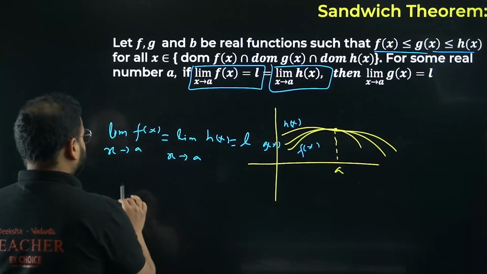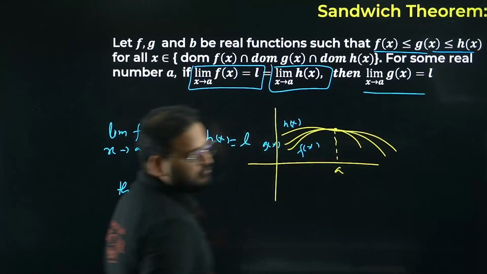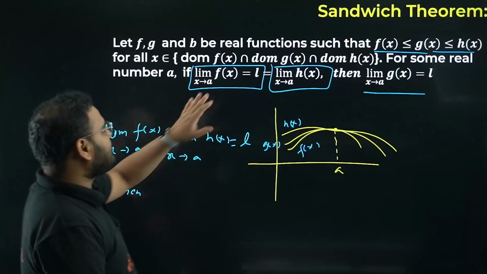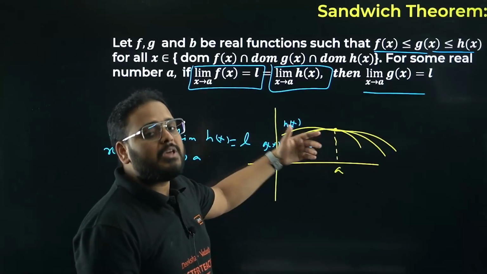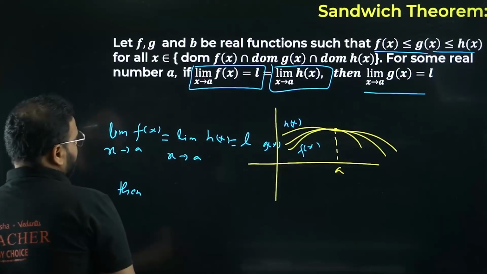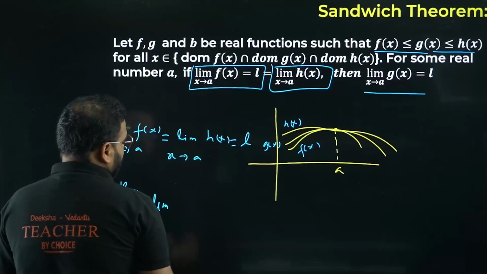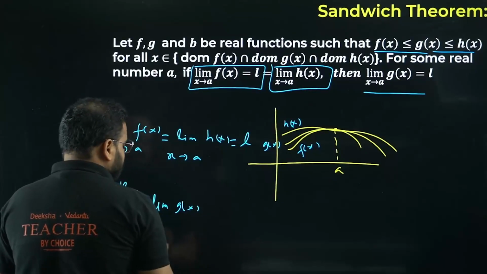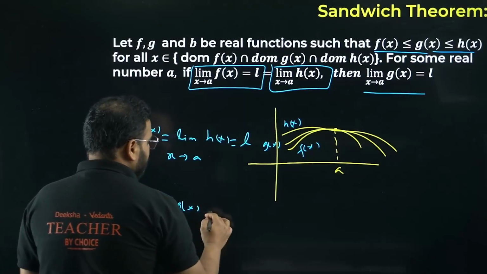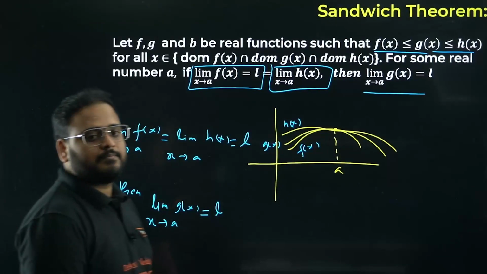Then of course, even for gx you'll have the same value. Whenever you have the 2 extreme functions to be equal at any point, okay, then it'll make a sandwich, okay. So what are you gonna get? Please check here. You'll have limit of gx as well at the same point x tends to a equal to L. Got it?